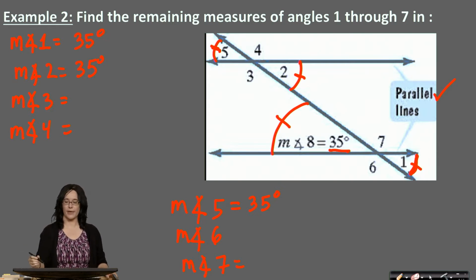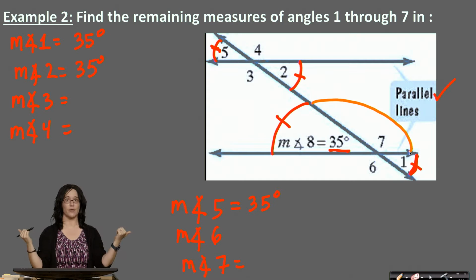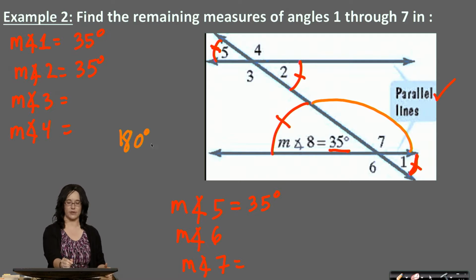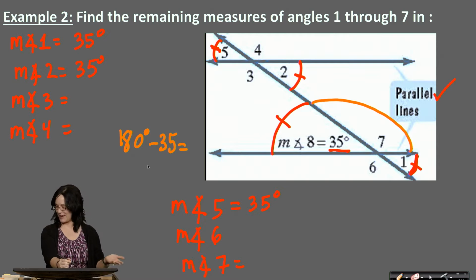Well, I hope so. If we remember that straight angles are supplementary, so in this case, we have 35 degrees for angle 8, but if I continue that rotation to form angle 7, we have to form that straight angle in the end. So what happens when I take 180 minus 35? What do I get? I hope you say, yep, the right answer, which is 145.